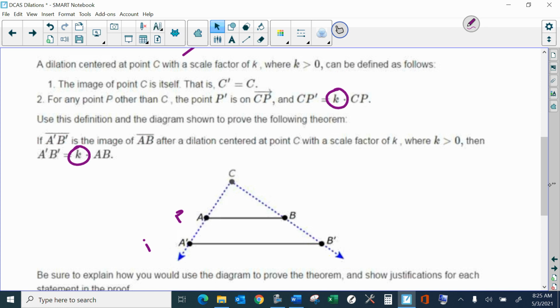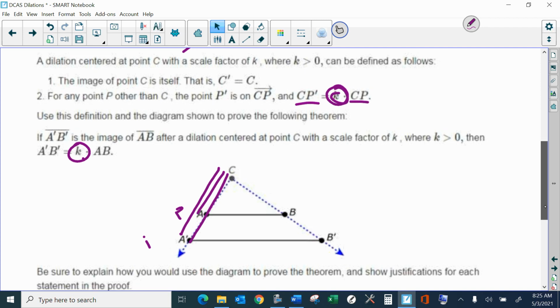So this K comes from doing C, you can say CA prime divided by CA. That is the same as getting the CP prime equaling some number times CP. So that K is doing the C to A prime divided by C to A. That's going to give you some value greater than 1, calling it K. And you can just write that out.